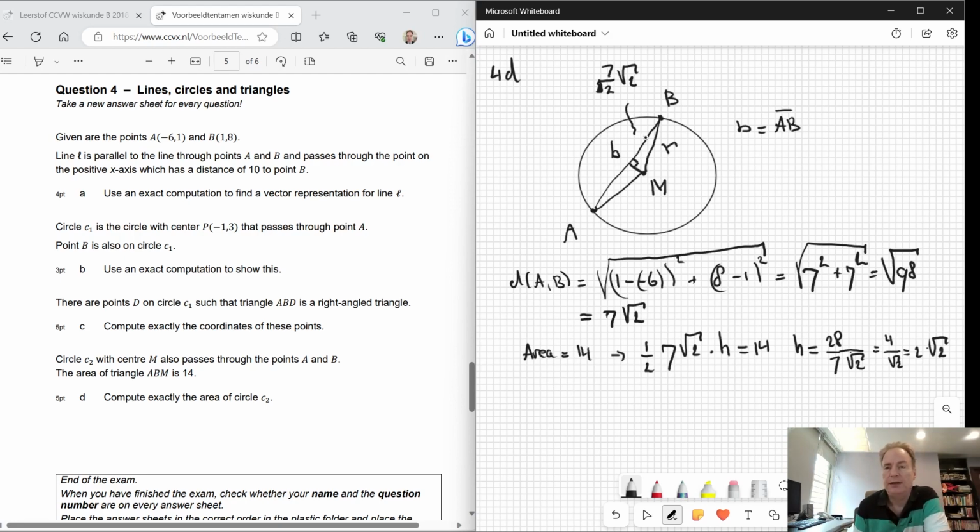Now I know h, and I also know the length here. This is half the base.